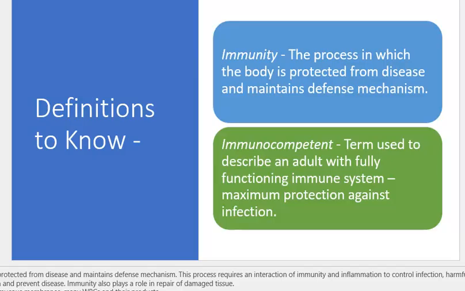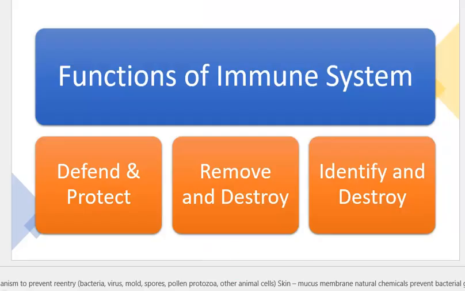So another definition that you might see is immunocompromised. If they are not immunocompetent, that just means that their immune system is not up to where it should be. So next we're going to talk about some functions of the immune system.